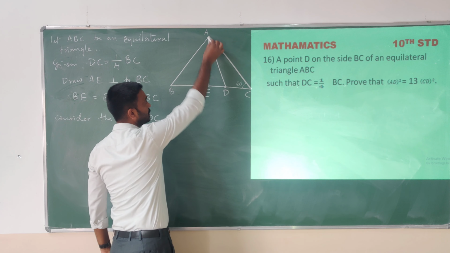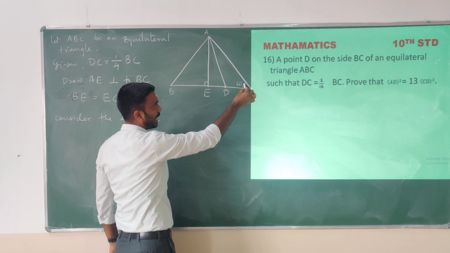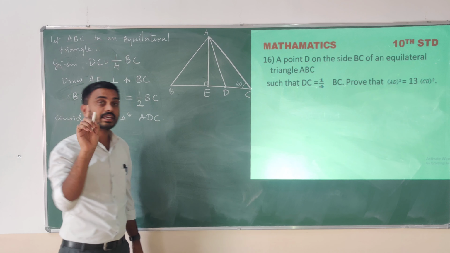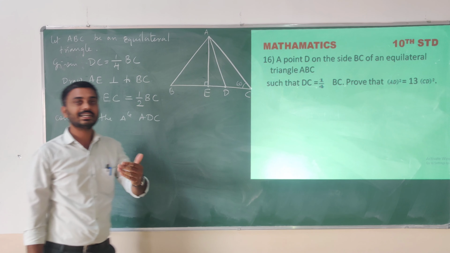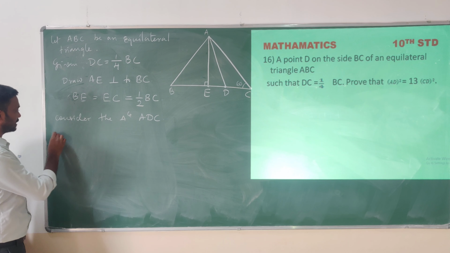Since in this triangle ADC the angle C is 60 degrees, we can apply the acute angle theorem for this triangle ADC. What does it say?